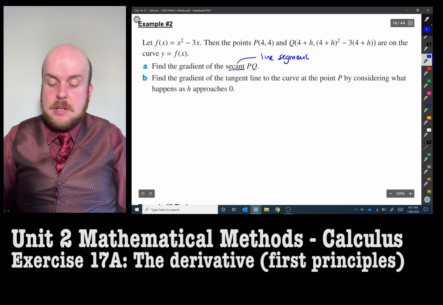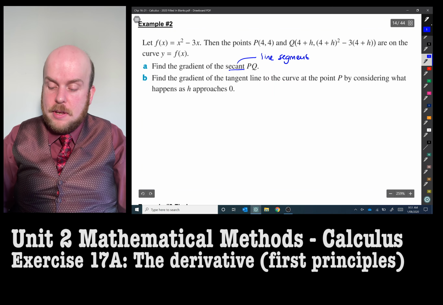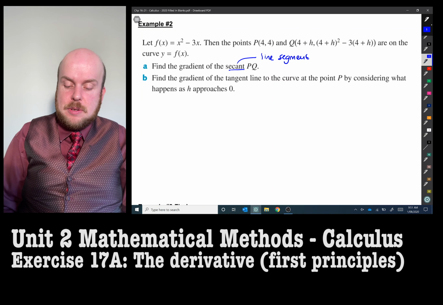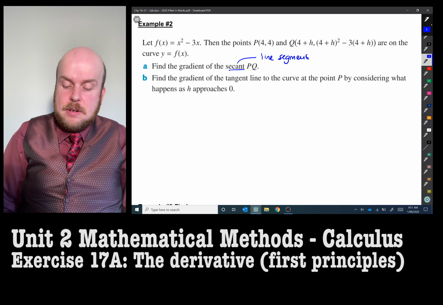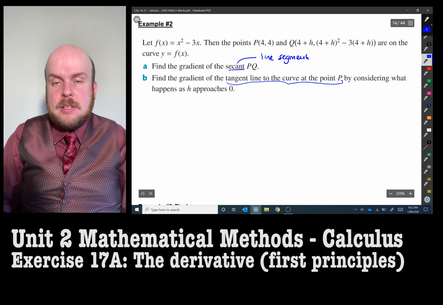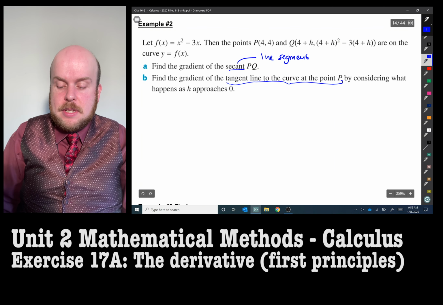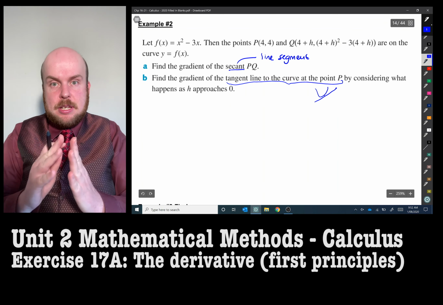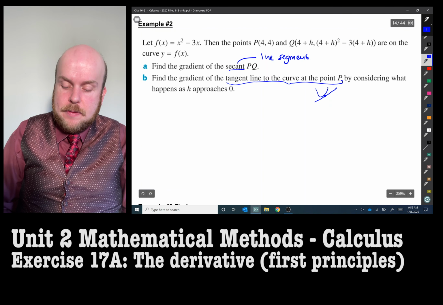And we'll find the gradient of the tangent line to the curve at the point P by considering what happens as h approaches 0. If you see this phrase, find the gradient of the tangent line to the point, that's if I've got a big old curve, with a tangent line that just touches one point.